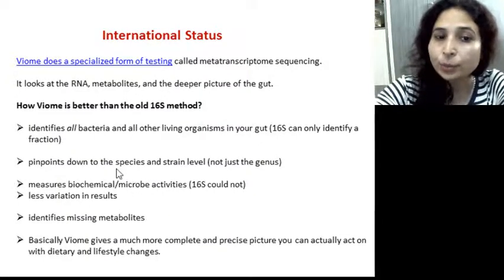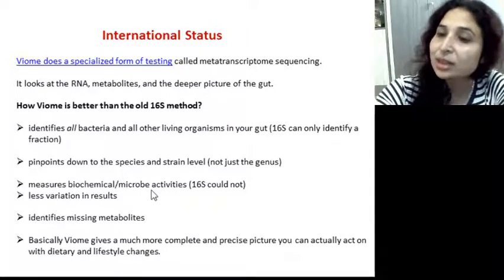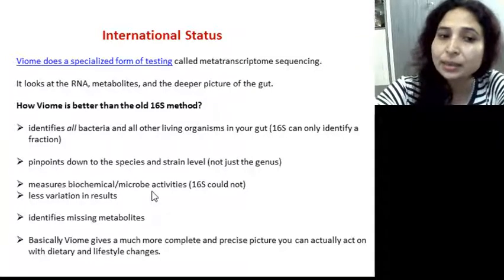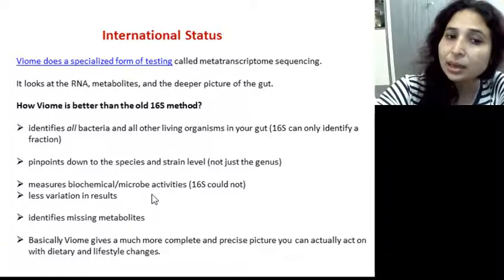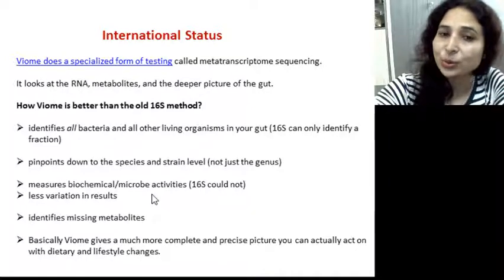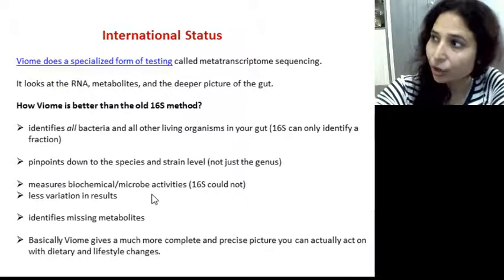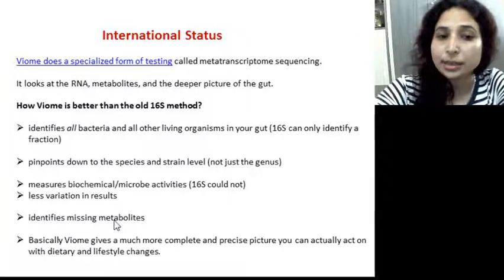And Viome can detect the species and strain of the microorganism. The other is that it measures the biochemical activities of the microbes, which 16S cannot identify.